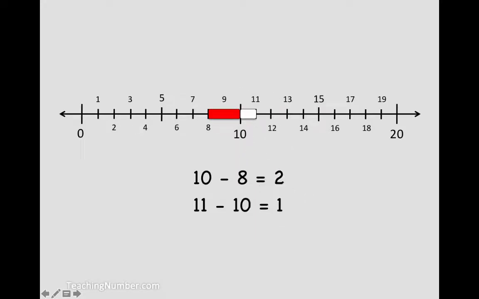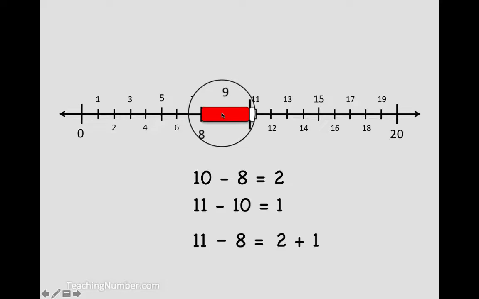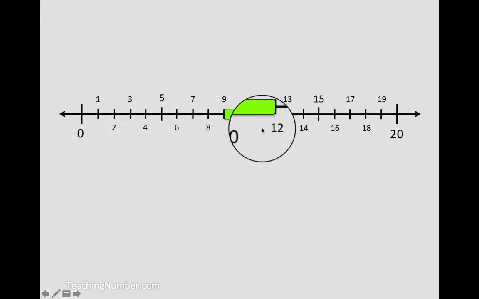Now we can put these back together and see that the distance from 8 to 11 equals 2 plus 1, which is 3. How would we break down the distance from 9 to 12?